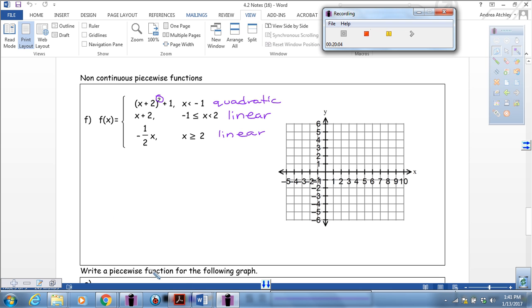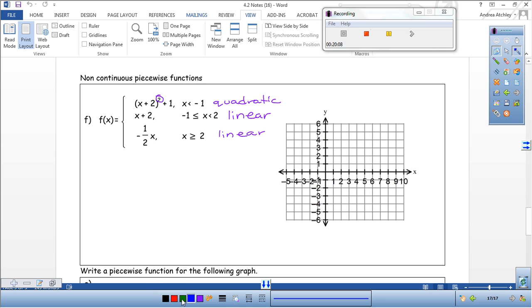So let's graph this. Our first equation is quadratic, so vertex form of a quadratic equation is a times the quantity x minus h, the whole thing squared, plus k.